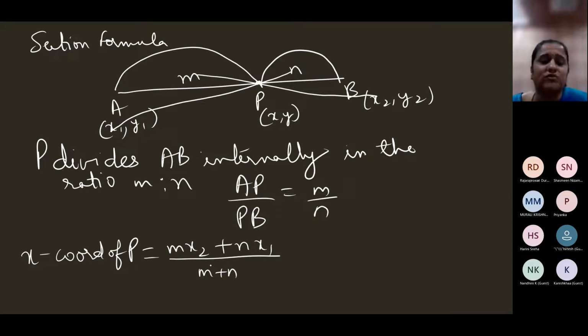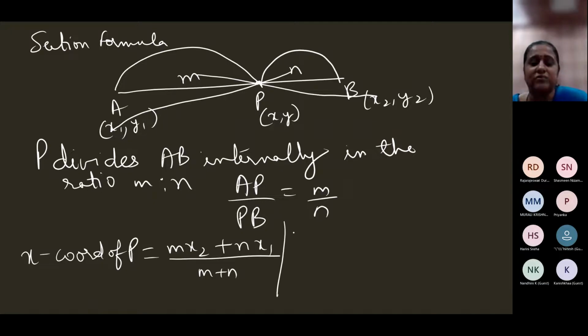Use only the x coordinates to find the x coordinate of P. So supposing you have to find only the x coordinate, they're not asking you the y coordinate, do only this: mx2 plus nx1. To find the x coordinate of P, you'll only use x1 and x2. mx2, nx1, like cross multiplying. mx2 plus nx1 by m plus n. This is the formula to find the x coordinate of P.